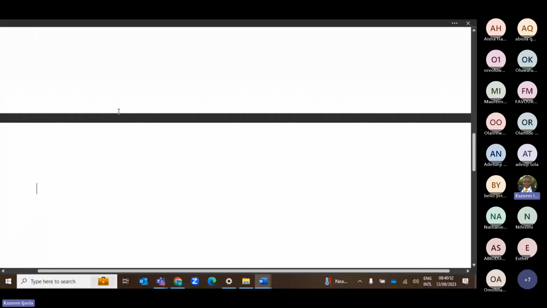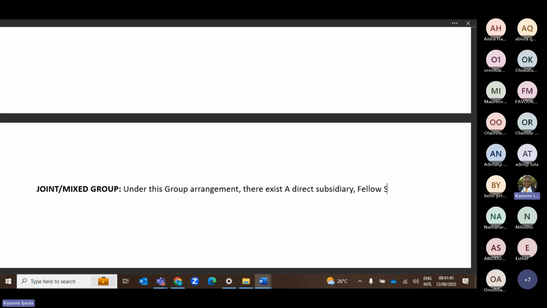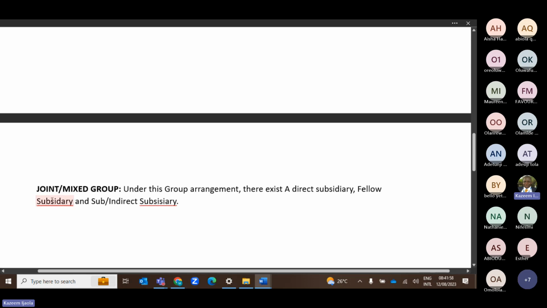Under joint or mixed group, there is the presence of direct subsidiary, there is the presence of indirect subsidiary, and there is the presence of fellow subsidiary. It is like an assorted mix that combines everything.